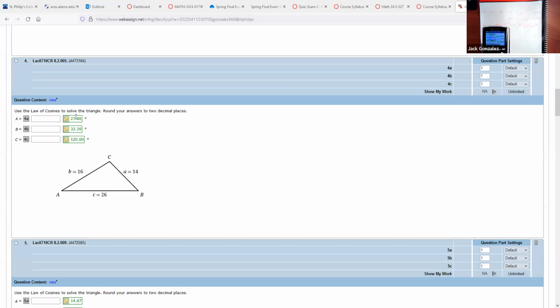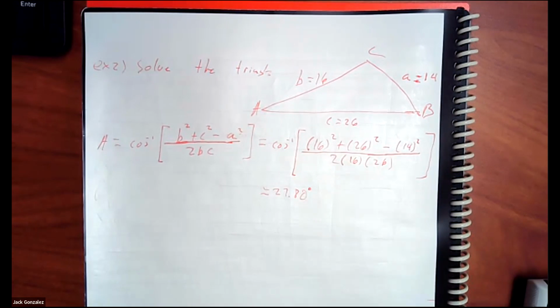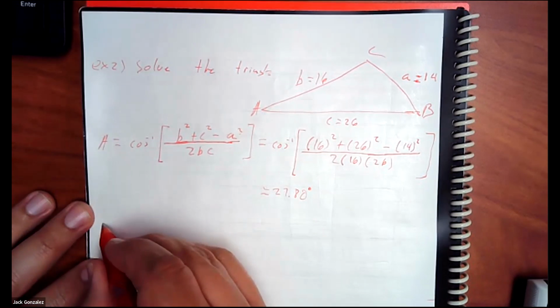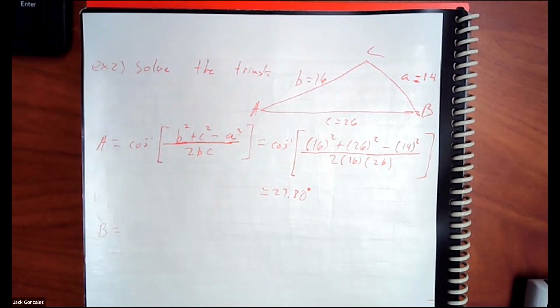Looks like they did 2 decimal places. Okay. So 27.80. But pretty straightforward, right? Once you have the sides, you can just keep using the formulas. It's not that bad.